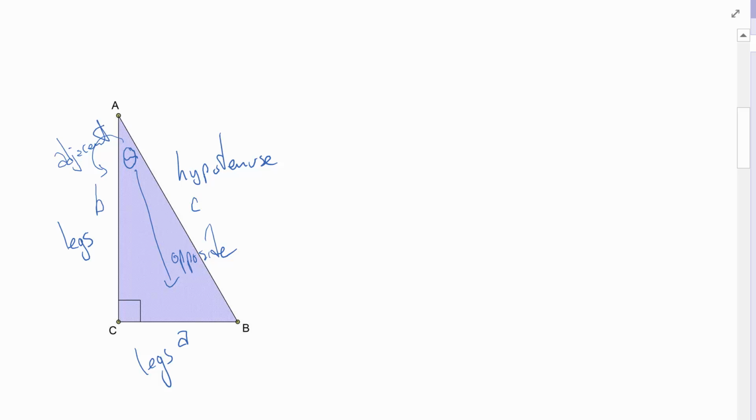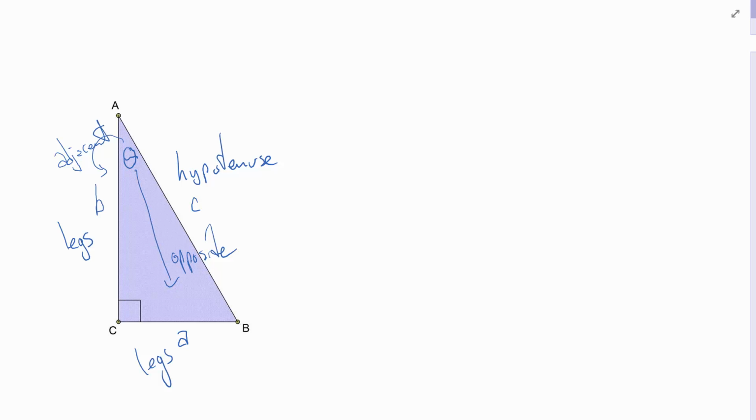Now, earlier we said that the proportions of the sides of a 30, 60, 90 triangle are always the same. Well, then we can also say that the length of the opposite leg divided by the adjacent leg is always the same ratio. And this concept is the foundation of modern trigonometry. We have a name for this ratio called the tangent ratio. Don't worry about the word tangent. It has origins in circle geometry that aren't really important right now.